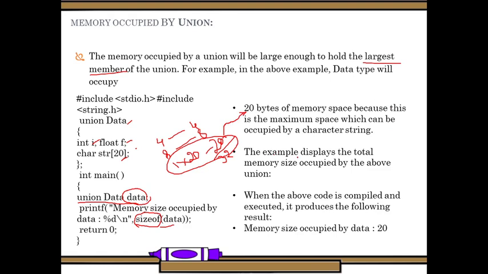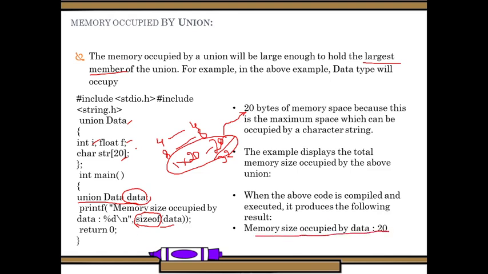The example displays the total memory size occupied by the above union. Here we are using a program which displays that the memory size occupied by data is 20. It displays 20 as the result. When the above code is compiled and executed, it produces the following: memory size occupied by the data is 20.